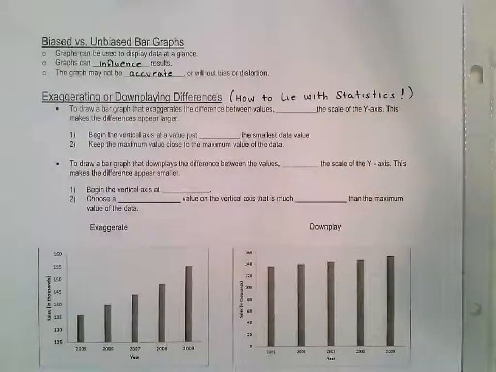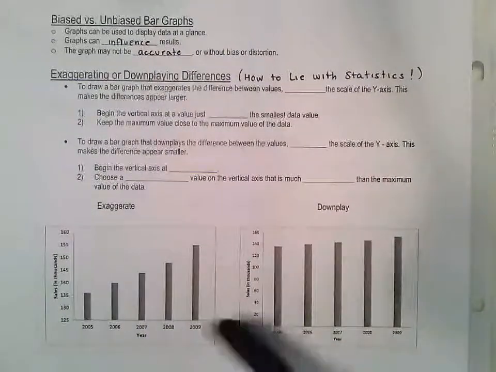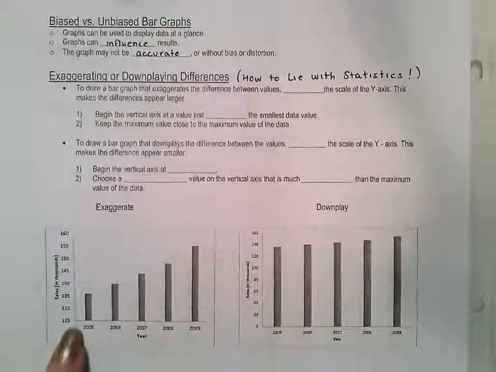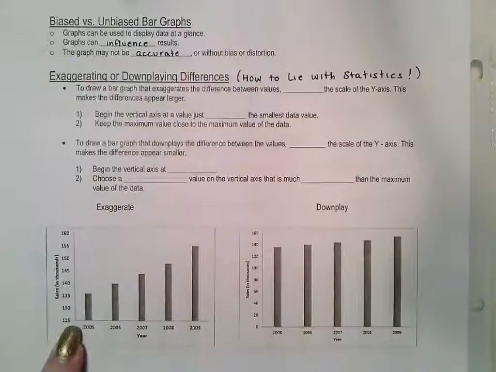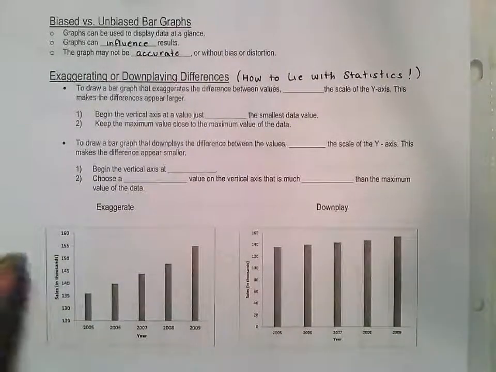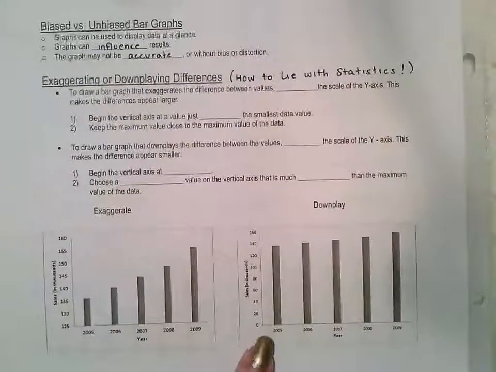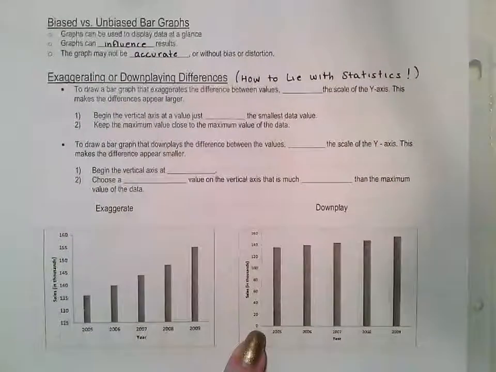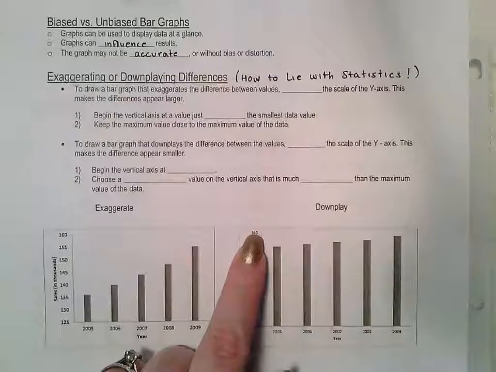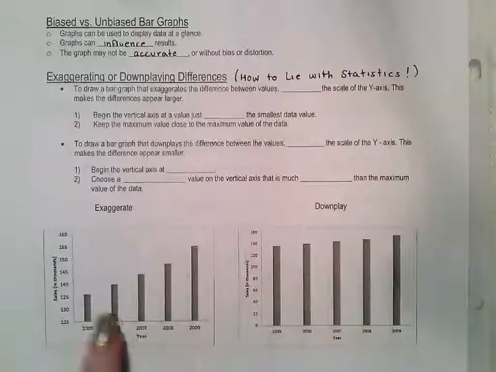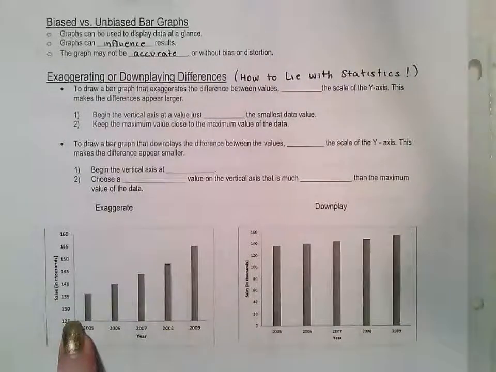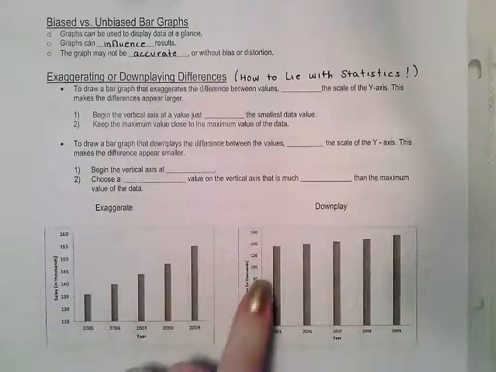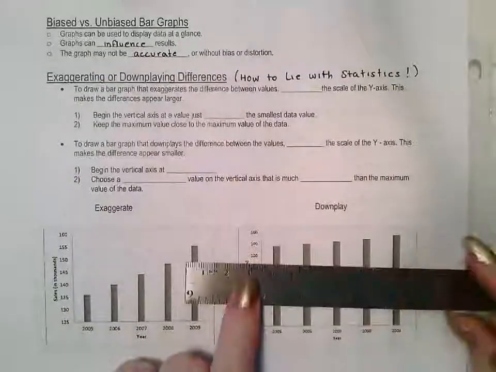So I want to go back to this graph for a minute and show you what the difference is, just briefly. If you look at the first one, the minimum value on the y-axis is 125 and the maximum is 160. Where on the one that's downplayed, the minimum value is 0 and the maximum is 160. So if I put this 125 on this graph, it would actually be about here.